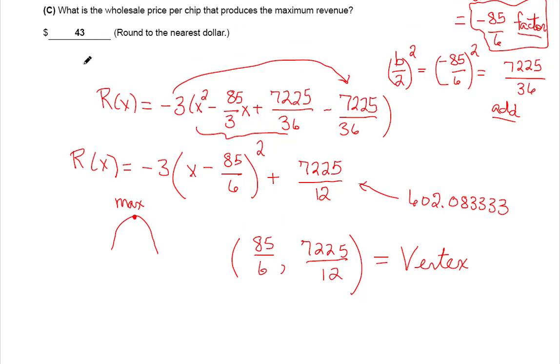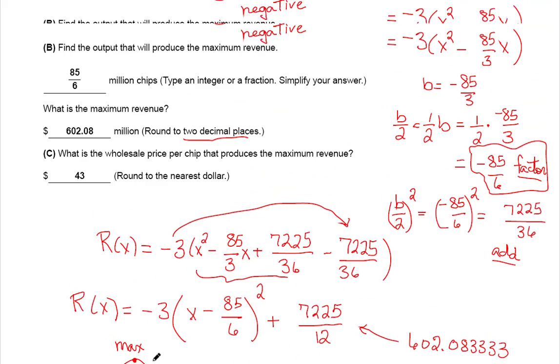Now, where did this number come from? Well, that's the price we charge for the chip. Remember, we had a P of X, our price. What was my P of X?